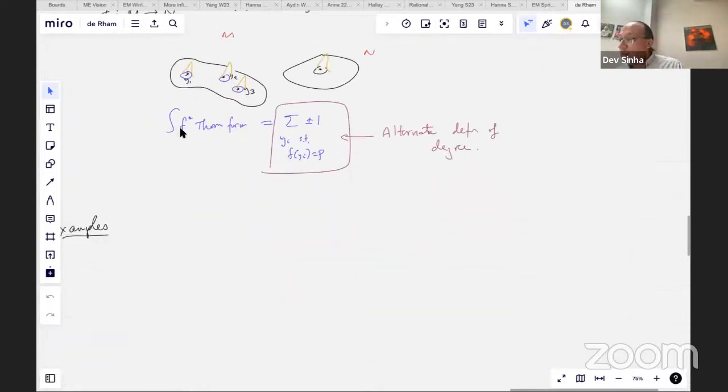If I've got M and N both a circle, I can think of maps between the circle that map one to the other by winding around a few times. It could even reverse, but the total number of times I wind around is going to be the same as the degree.